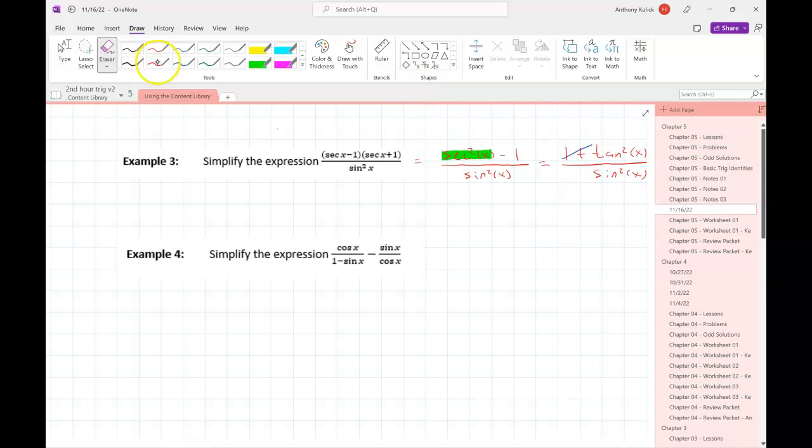So that first fraction I'm going to multiply by cosine over cosine. And the second fraction will multiply by 1 minus sine x over 1 minus sine x. Everybody okay with that?